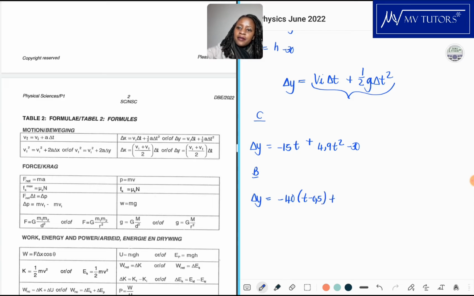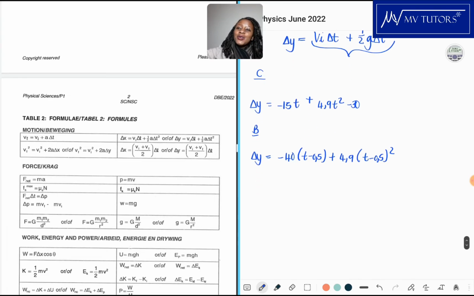And then I have again 4,9, because a half times 9,8 is 4,9. And instead of just t squared, it'll be t minus 0,5 squared. There is no 30 there that we're adding or subtracting. So if I simplify this, I would get negative 40 times t plus 20 plus 4,9, and in here I have t squared minus t plus a quarter.